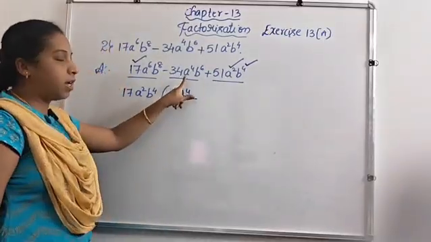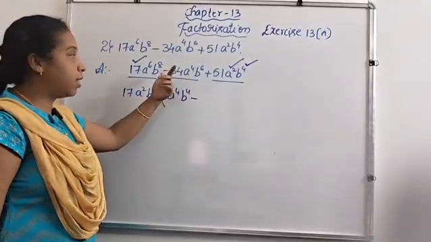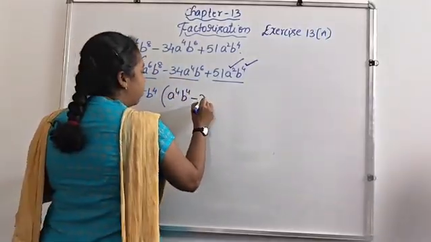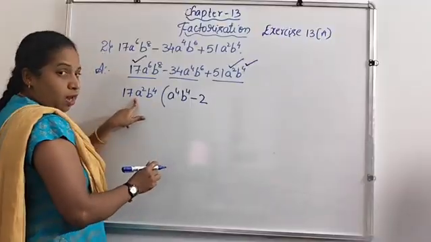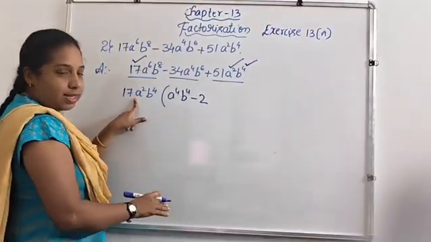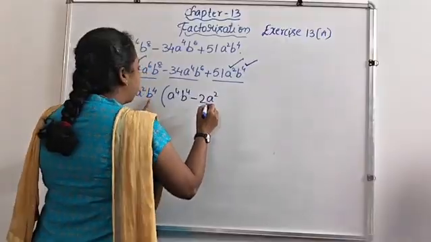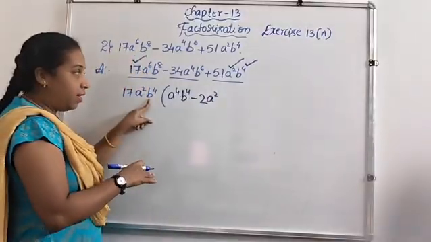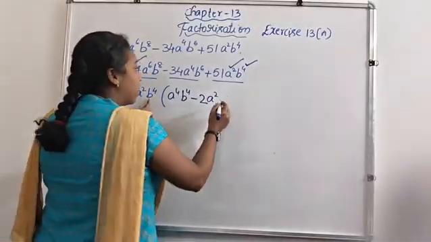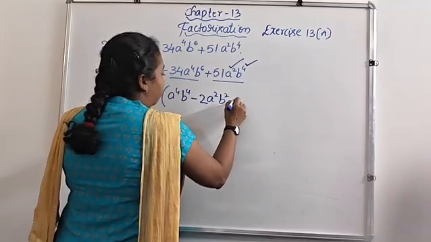Minus 34, 17 twos are 34. a square taken common, remaining is a square b to the power of 4 taken common, remaining is b square.